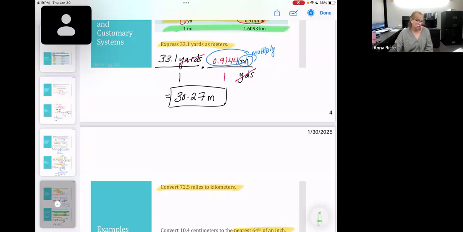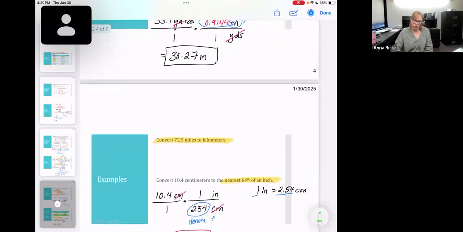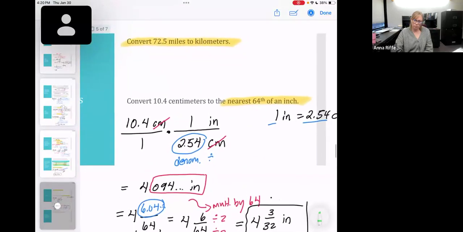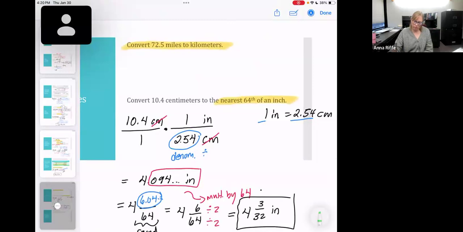Include units in your solution. Okay, great. Yeah, good. All right, y'all are fast.